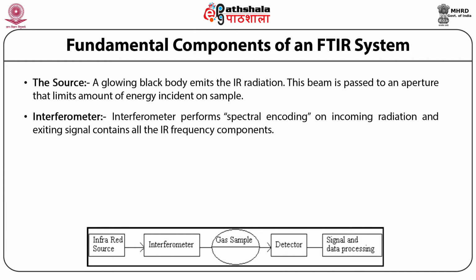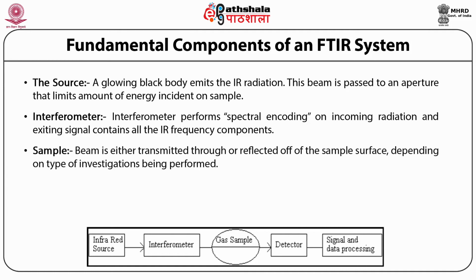The interferometer performs spectral encoding on incoming radiation, and the exiting signal contains all the IR frequency components. Third is the sample. The beam is either transmitted through or reflected off the sample surface, depending on the type of investigation being performed. The sample absorbs energies at frequencies characteristic to it.